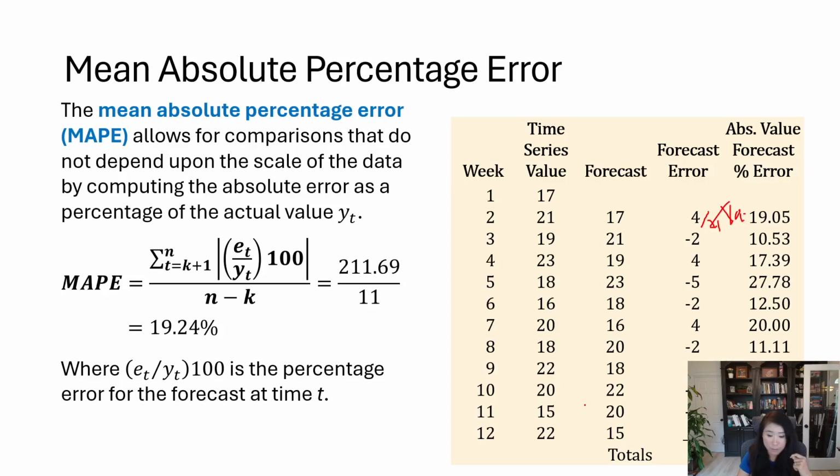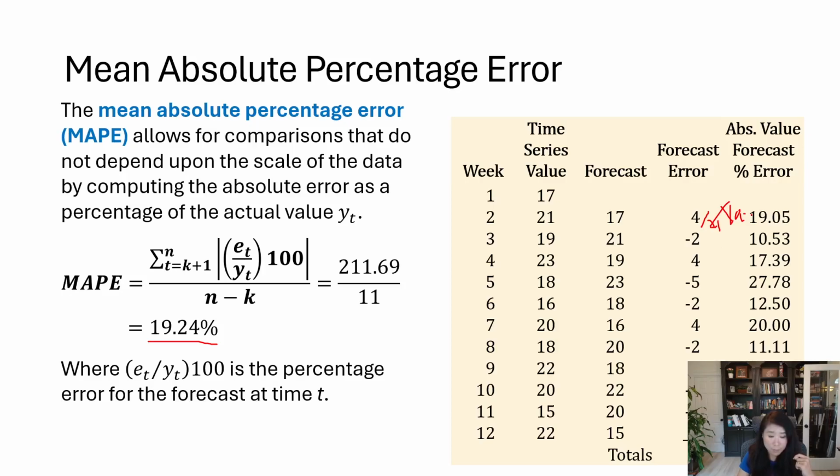Then we can do the rest of the 11 weeks. After I figure out the column of absolute forecast percent error and add all of them together, I get 211.69. Then I calculate the average, dividing by 11, because we only have 11 absolute forecast percent errors. That gives me 19.24%.